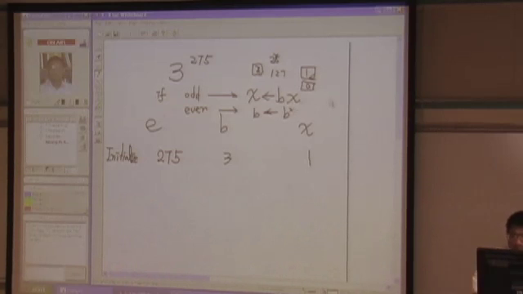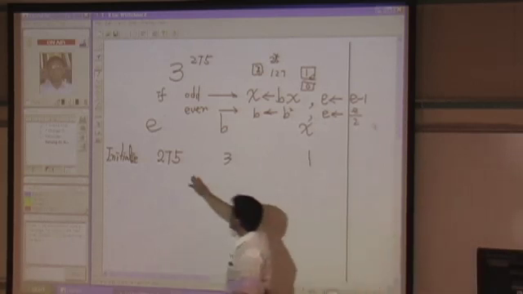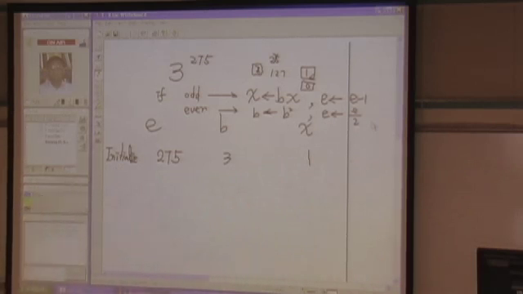Each time, exponent. So you should change the exponent by doing this. Because it is odd, I make it even. Because we are squaring it, we should reduce the power, right? So I add the change of e part 2. So each time something changes, but not all 3 things together.